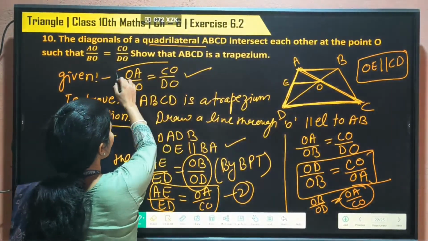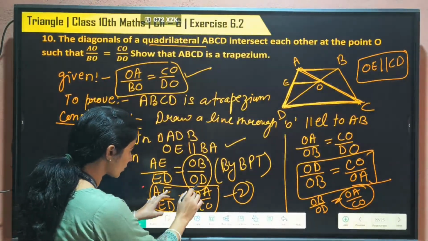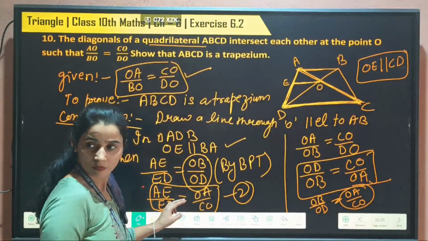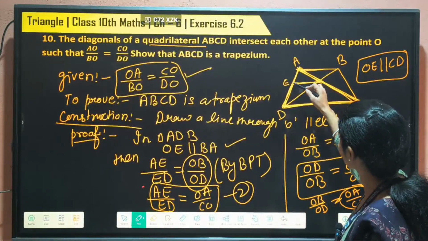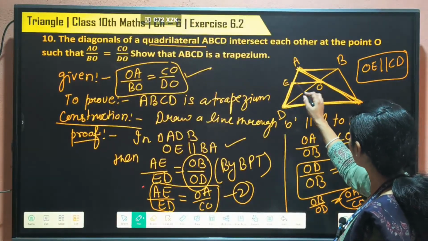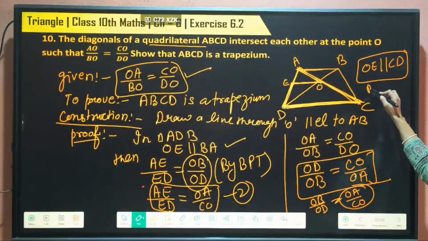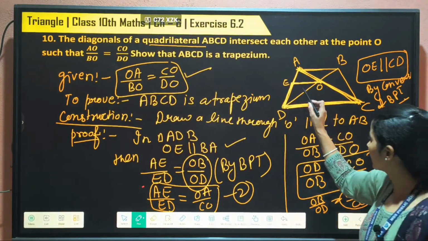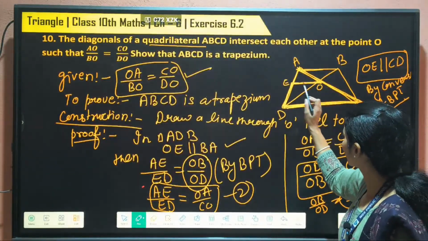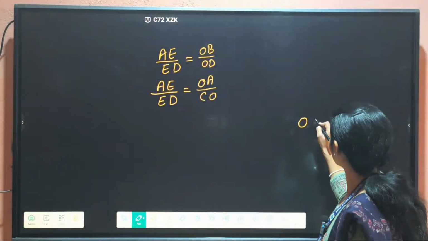Now what is given to us, you can make use of that, and after that you will get AE by ED equals OA by CO. It means OE is parallel to CD. This is by converse of BPT.